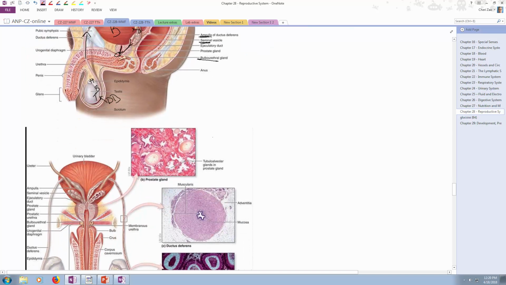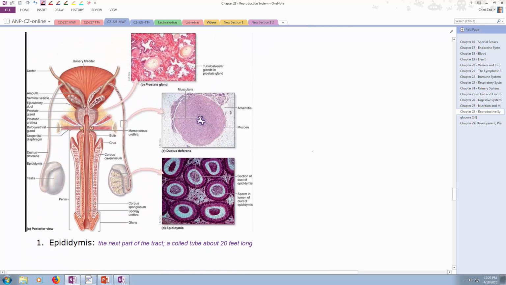Let's take a look at a posterior view. Again, B for bladder, U for ureters, and again, we see head, body, tail of the epididymis, and you see the lobules that they have exposed in the testes itself. And here's the beginning of our DD, our ductus deferens, starts down there at the inferior pole of the epididymis or testes.